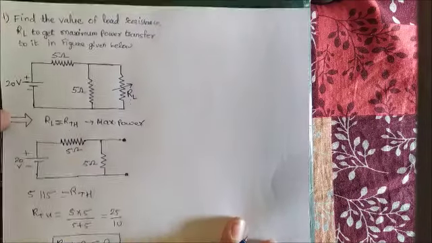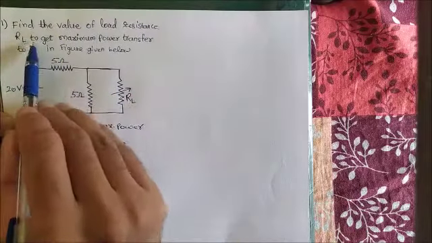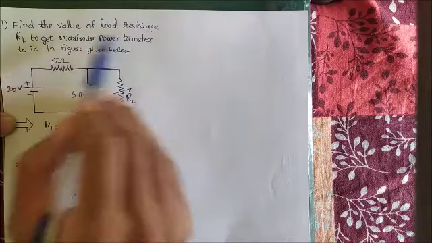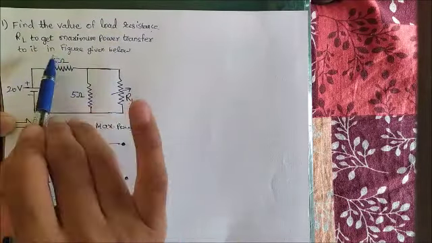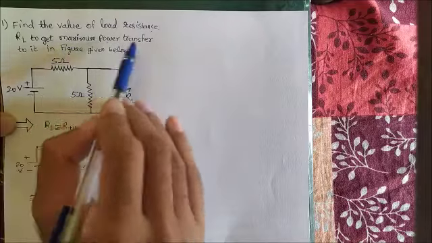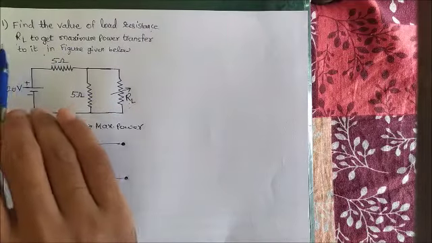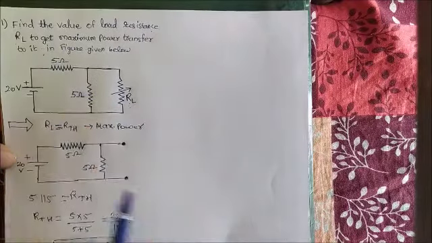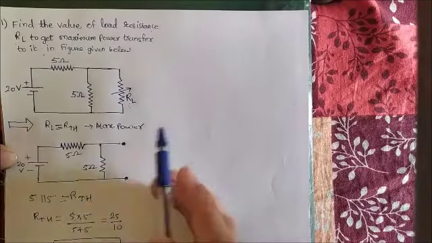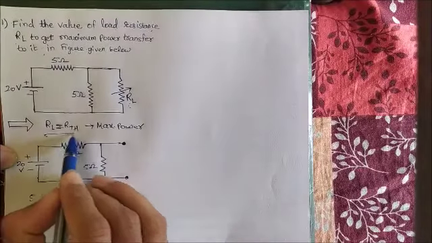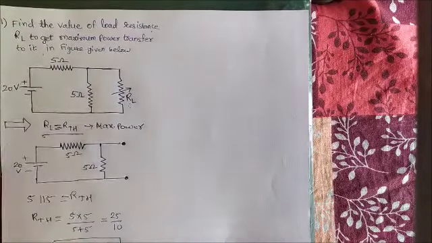Now see here, in the numerical the statement is to find the value of load resistance to get maximum power transfer to it. That means maximum power will already be transferred to the load resistance RL. In this condition we have to find the value of load resistance, and hence we have to use the condition RL is equal to RTH.